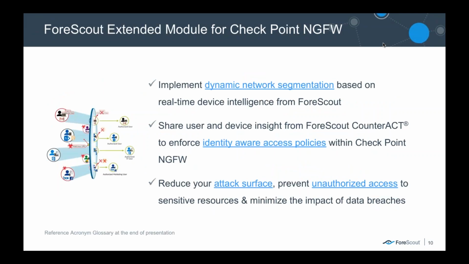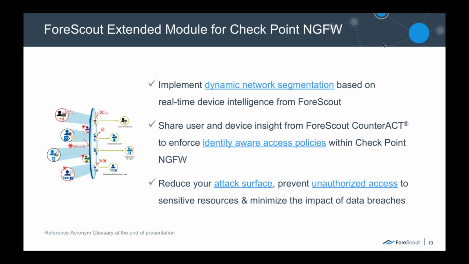So then if we look at the integration we have with the next generation firewall, that's really where we're using the firewall to apply dynamic network segmentation. Based on the information that ForeScout knows about a device that's joined the network, we can dynamically assign segmentation so we can control the access that device has based on the device itself, what type of device it is.